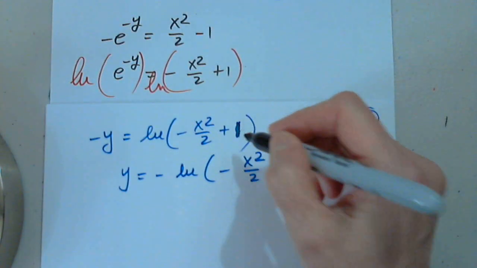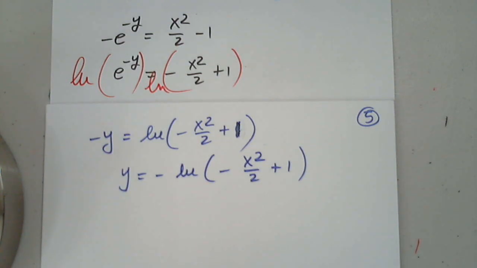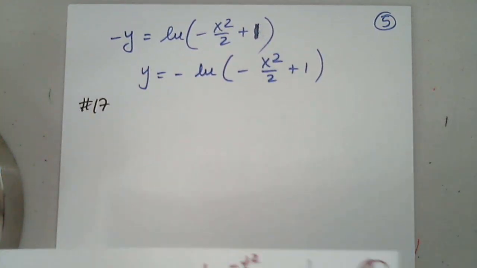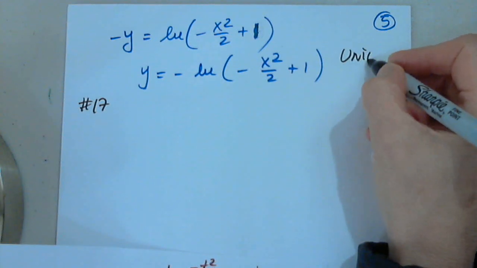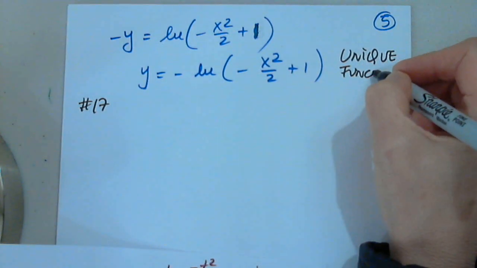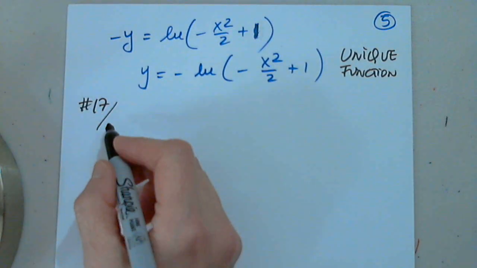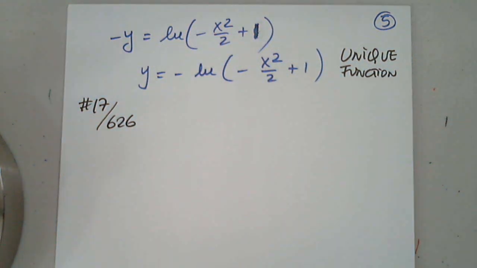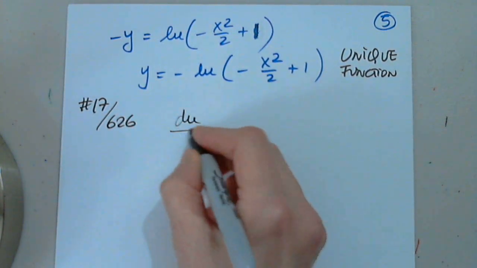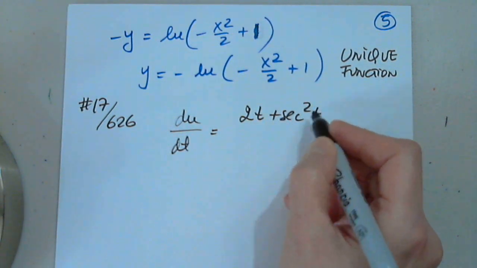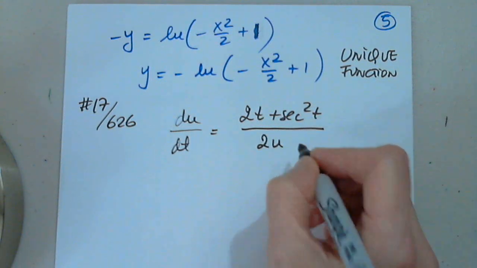Okay, good. Last problem that I would like to look at is 17. Another situation with an initial value. So this is a unique function. Not a family of functions. Okay, 17, same page, 626. So we have du over dt equals 2t plus secant squared t divided by 2u.